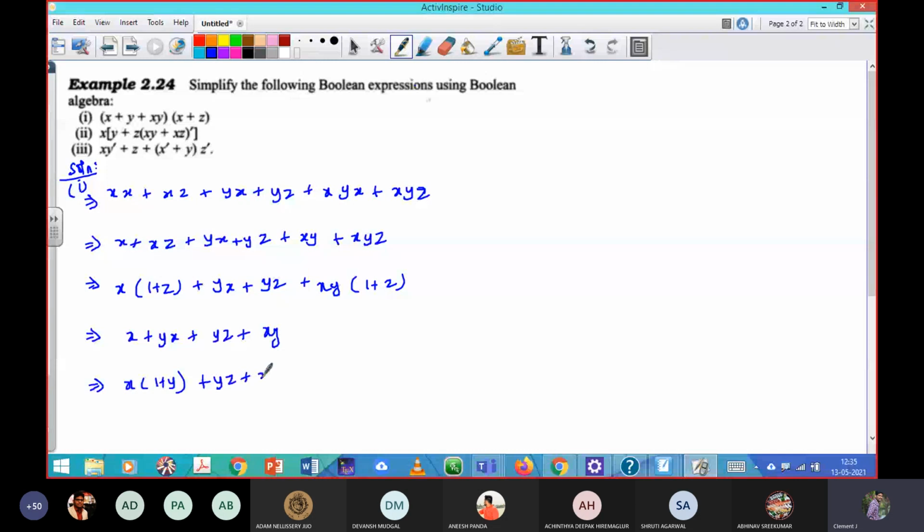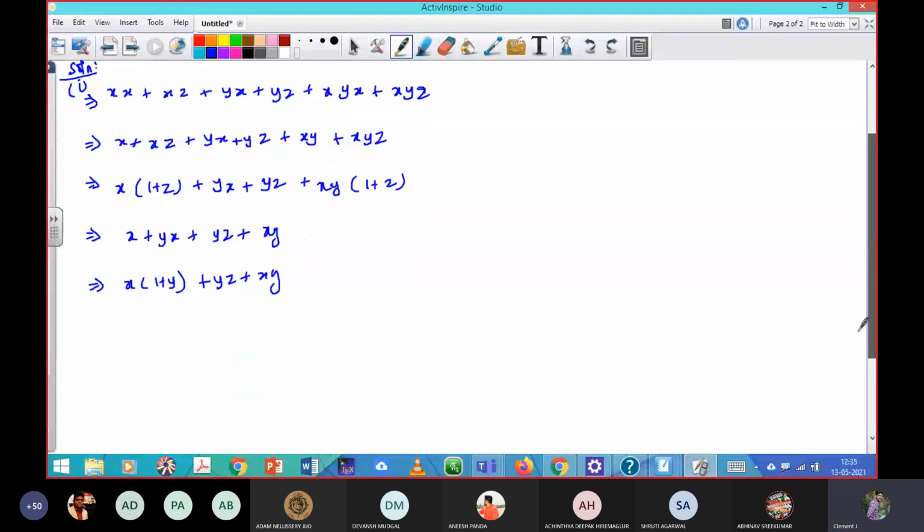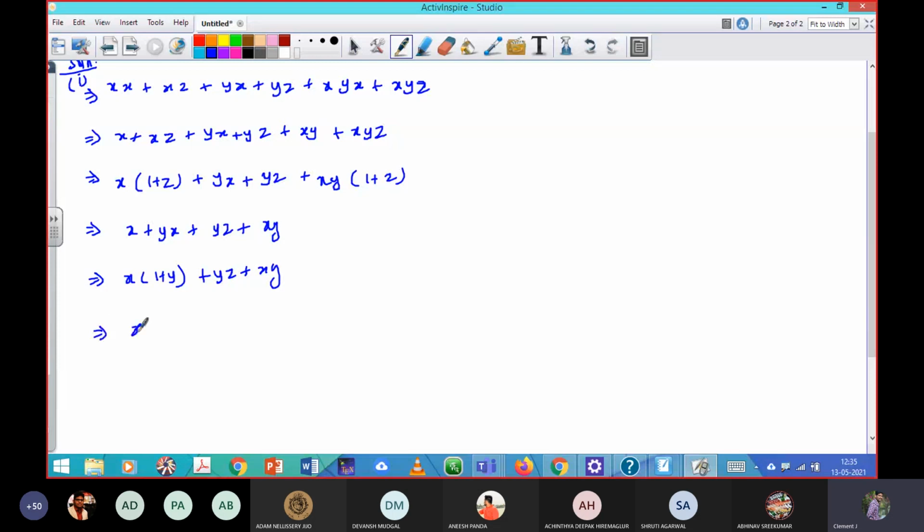So in those two steps, I can take again x as common. So 1 plus y plus yz. After this, x plus yz. Is there any other steps that can be followed to apply the simplification?